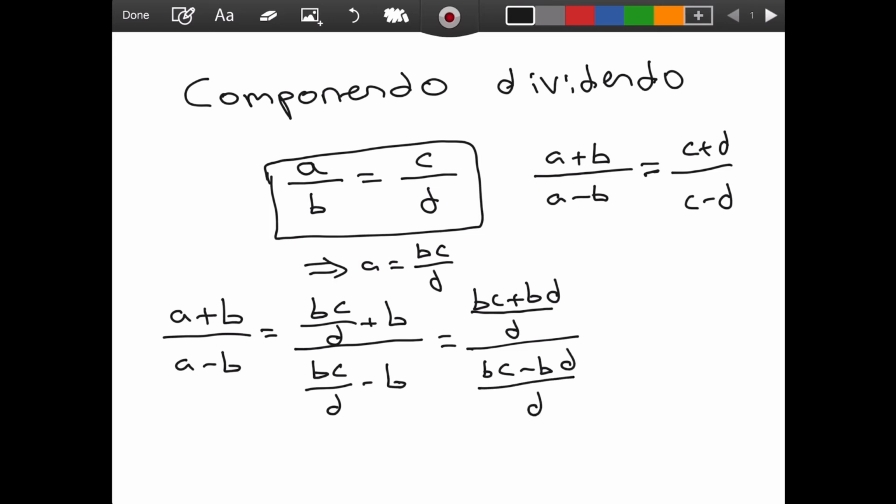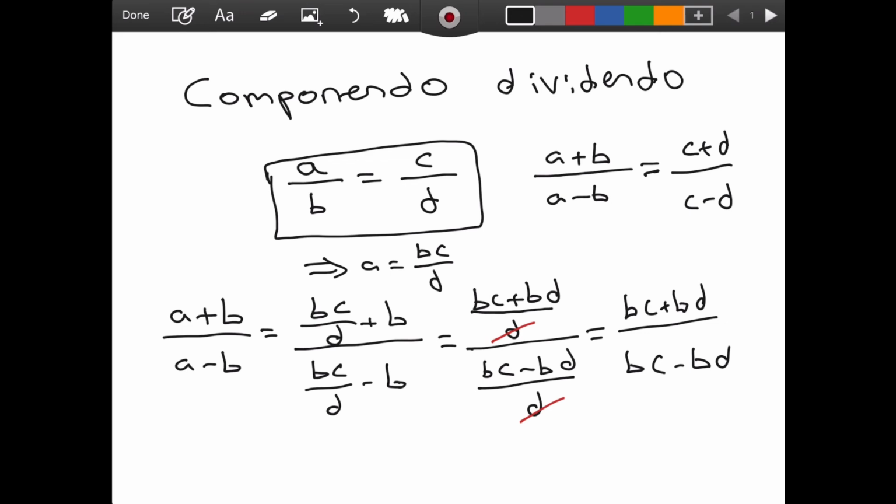From this, we can see that D's cancel. We simplify by D. And let's write what we have. We have BC plus BD over BC minus BD.